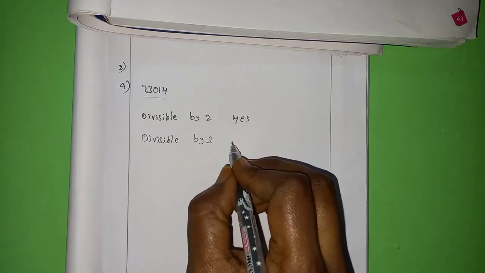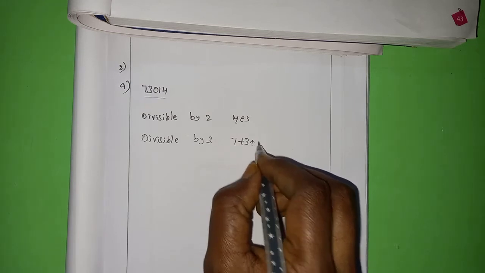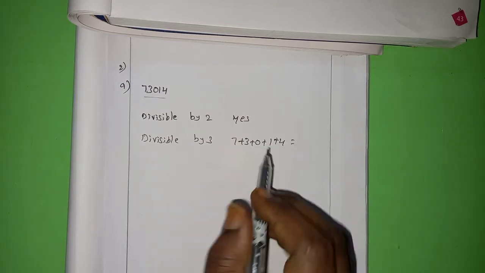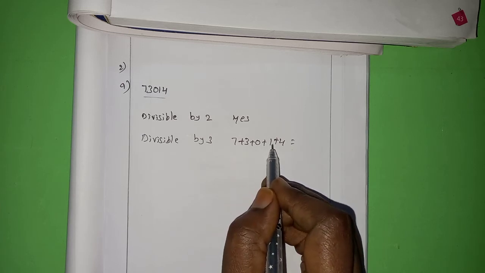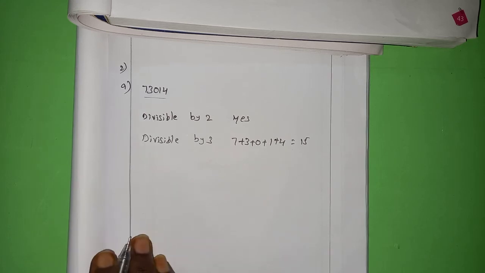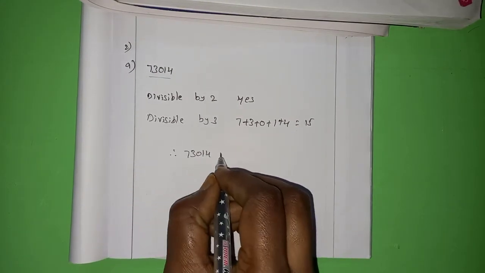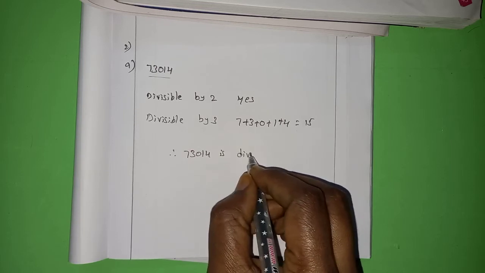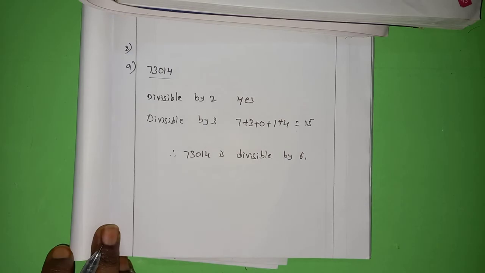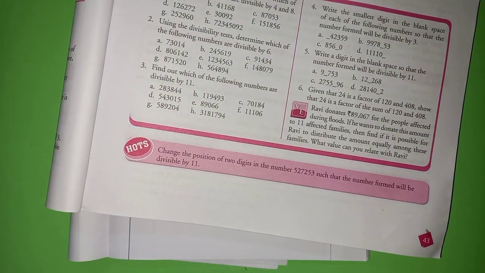Now, to check divisibility by 3, we have to add all the digits. 7 plus 3, 10. 10 plus 0, 10. 10 plus 1, 11. 11 plus 4, 15. 15 is divisible by 3 or not? Yes. Therefore, 73014 is divisible by 6. Understand?